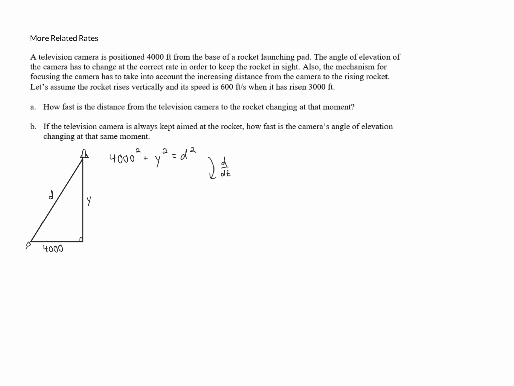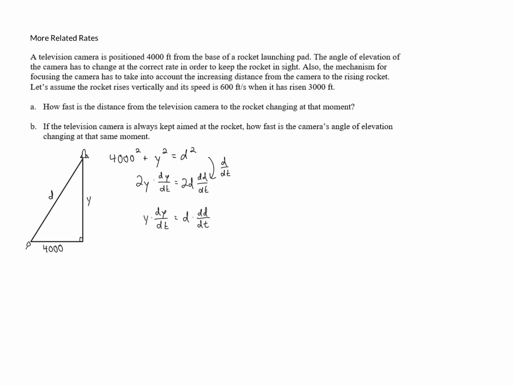And then the derivative of y squared is going to be 2y, but then times dy over dt. And then on the right-hand side, the derivative of d squared is 2d times dd over dt. All right, we can divide both sides by 2 to simplify things. So y times dy over dt equals d times dd over dt.